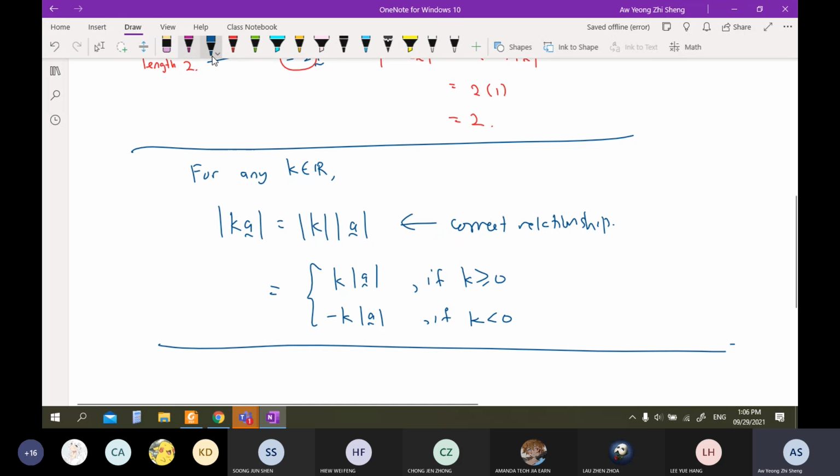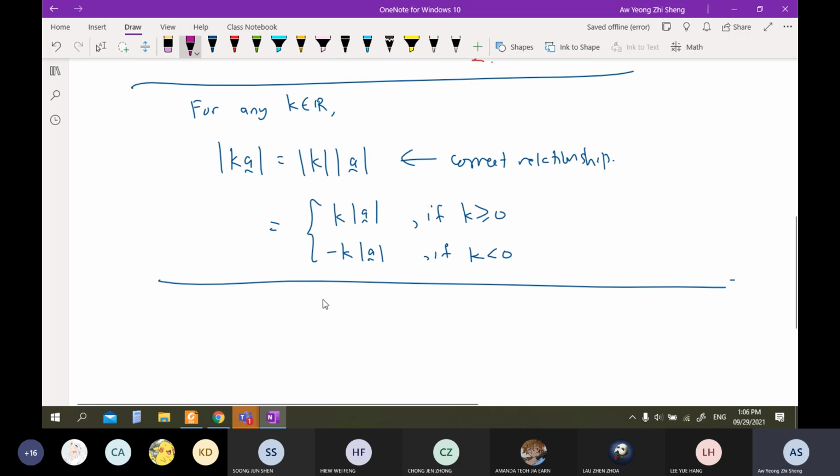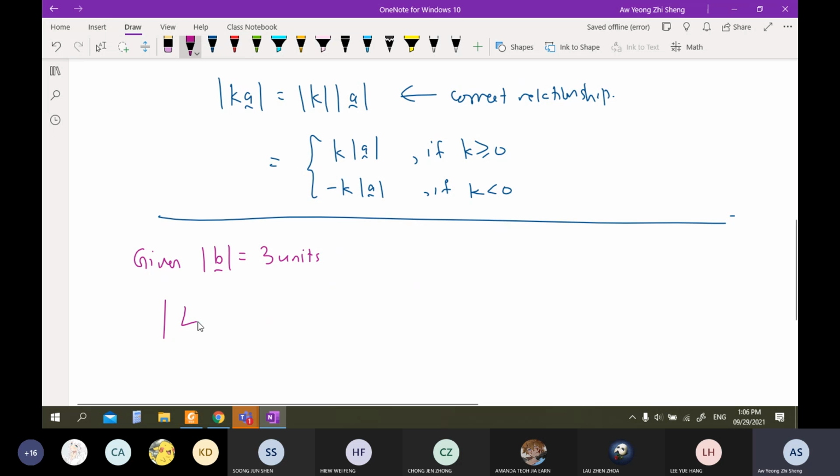Some examples on how this can be applied. For example, if you are given that the length of B is, let's say, 3 units, then the length of 4B will be modulus 4 times the length of B, which is 4 times 3. That will give you 12 units.